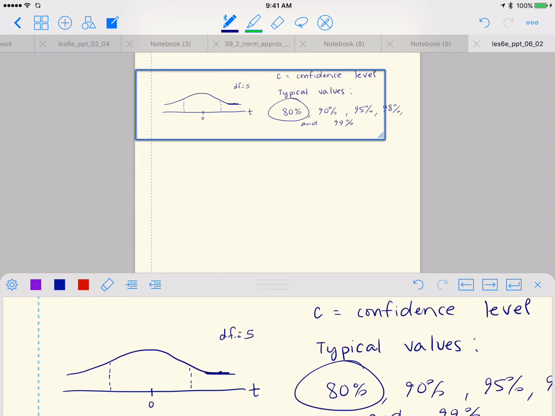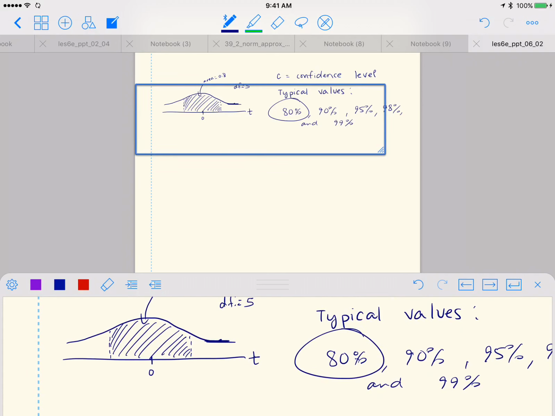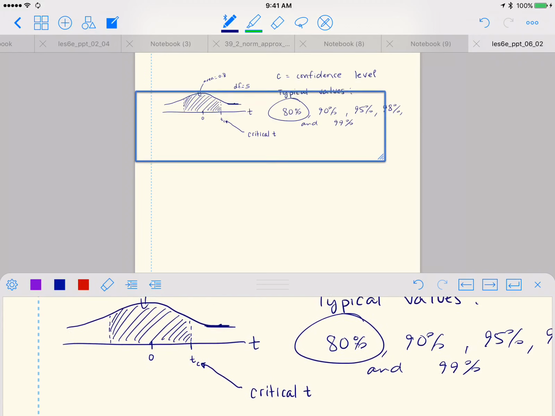But this area right here, if I'm assuming my C equals 80%, is going to be equal to 0.8. And this number right here is my critical value, my T critical value, also called critical T.